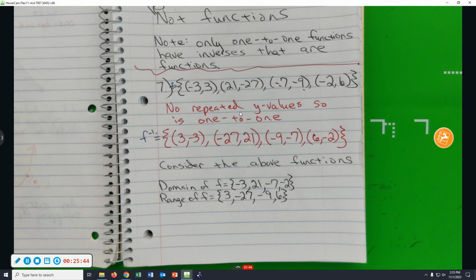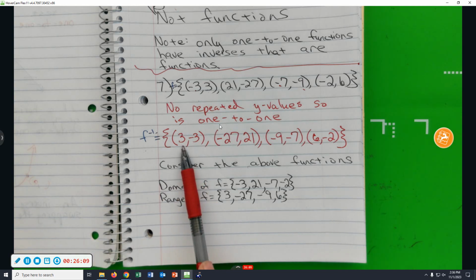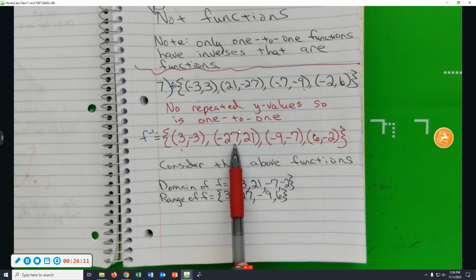Now, let's find the domain and range of the inverse. What numbers are in the domain of the new function, f inverse? Which numbers are in the domain? Give me one of them. Give me the first one. 3. What else? -27.